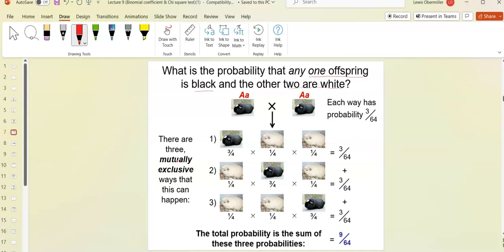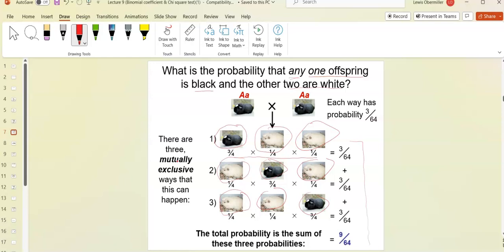Now, this question is asking something completely different. 1 is black and 2 are white. Now, there's multiple ways that this could happen. We could have a black guinea pig first and then 2 white ones. We could have a white one and then a black one and then a white one. Or we could have 2 white ones and a black one, right? And so we have to add.